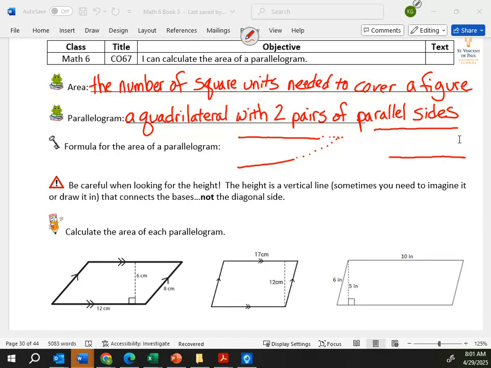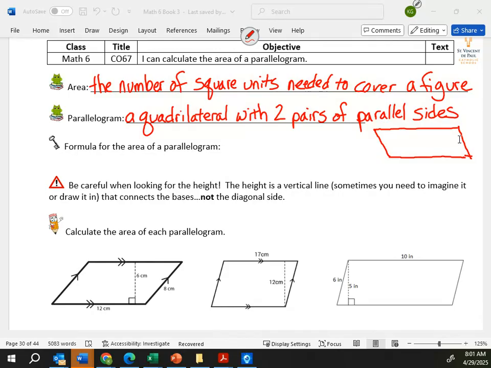Okay, so those would not be parallel. Lines that can go on and on and on forever without touching are parallel. So a parallelogram has the 2 top sides, the 2 going horizontally, are parallel, and our diagonal sides are parallel.